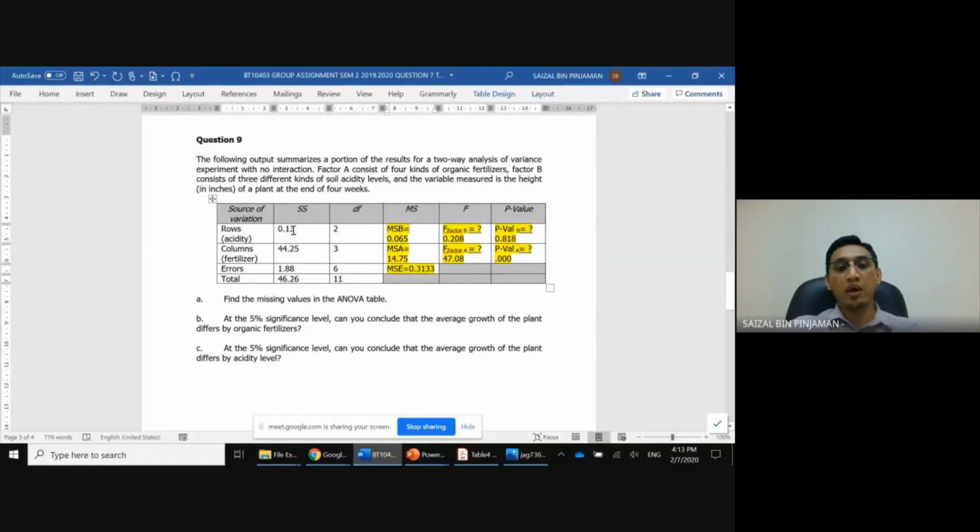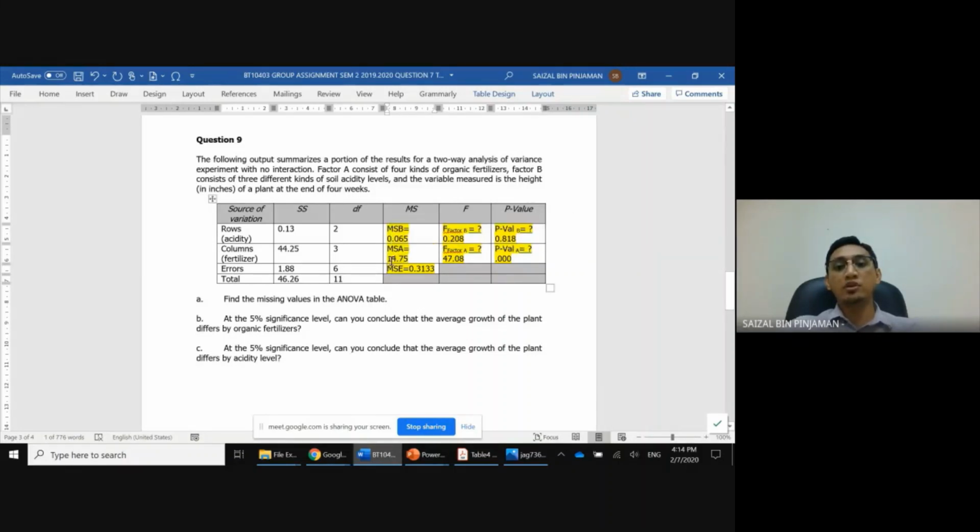So the sum of square for acidity, 0.13, divided by the degrees of freedom, 2, gives the mean square for the acidity level, equal to 0.065. So 0.13 over 2 is equal to 0.065.